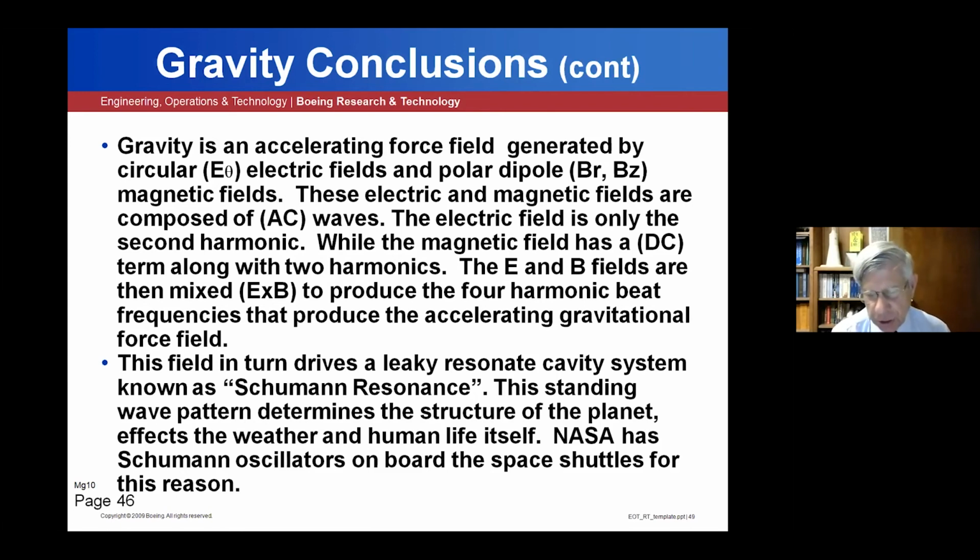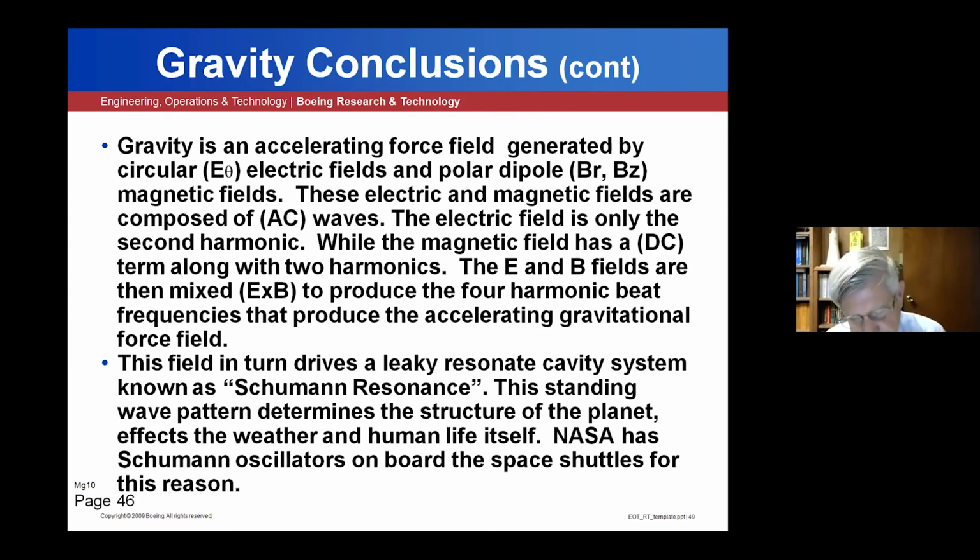And then the B field goes up and down, so it actually turns around. And these gravity pulses are at 14 hertz, which is the second harmonic. So there's 2 pulses per cycle. So at 14 hertz, that's 14 pulses per second of this force field being applied to everything on the planet, which is what keeps you glued to it.